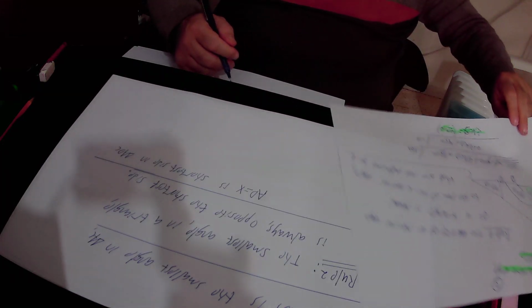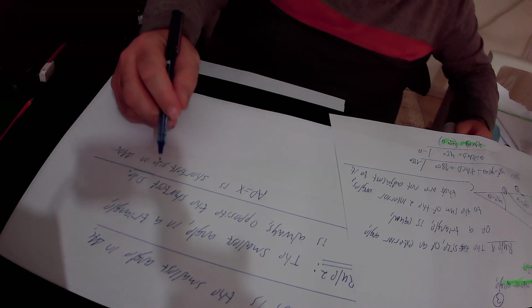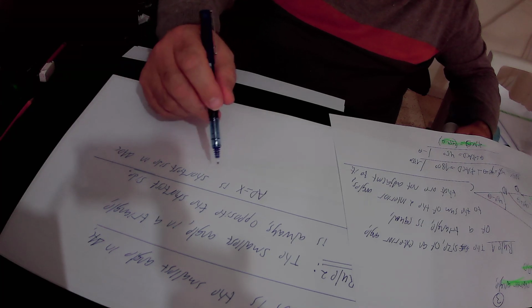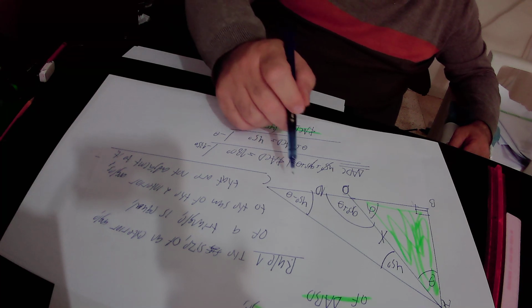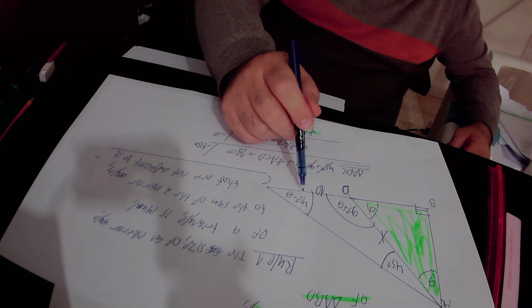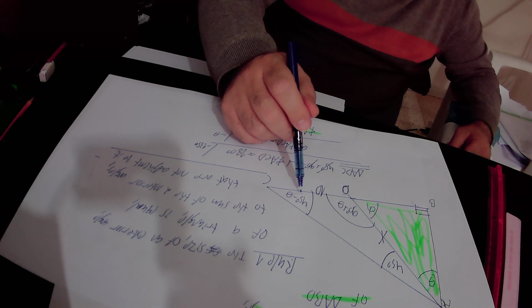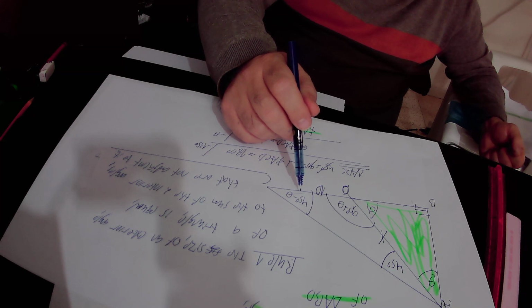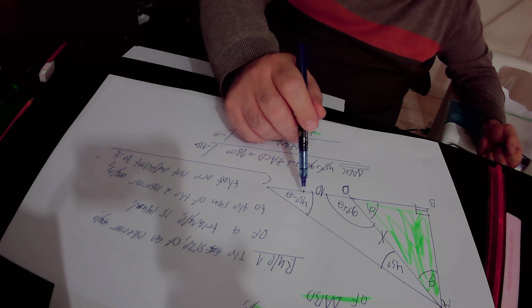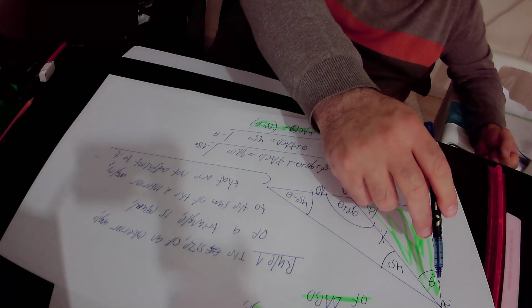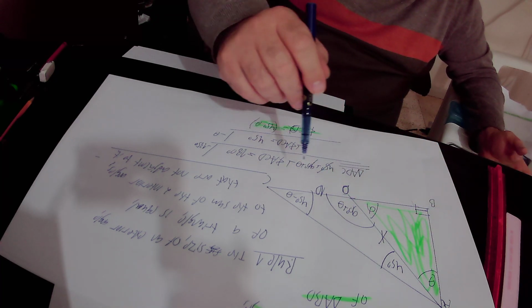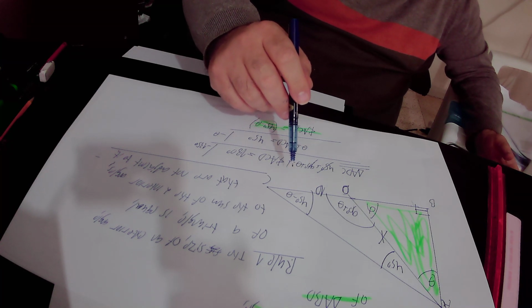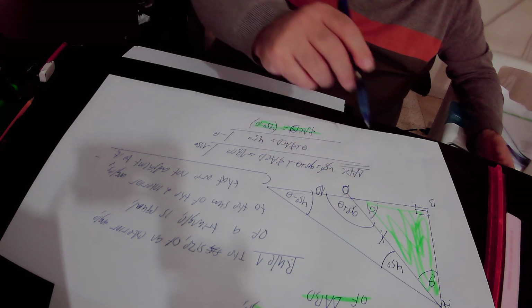The smallest angle in a triangle is always opposite the shortest side. We know that angle ACD is the smallest angle, therefore it must be opposite the shortest side. That is to say, AD that is equal to x must be the shortest side in triangle ADC.